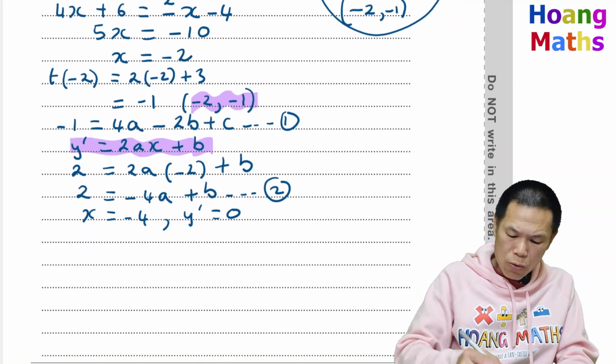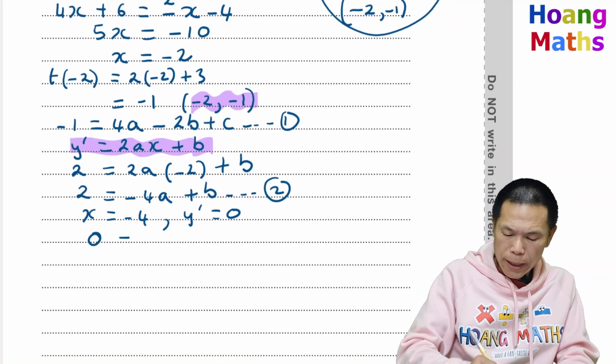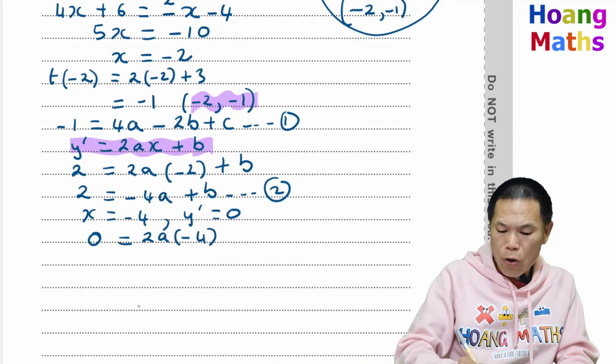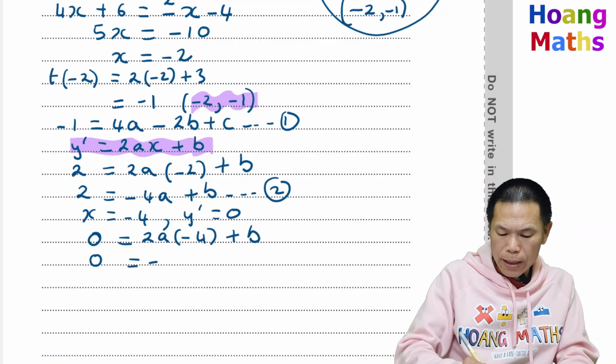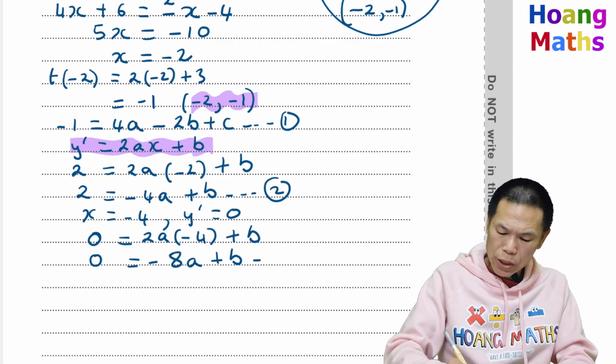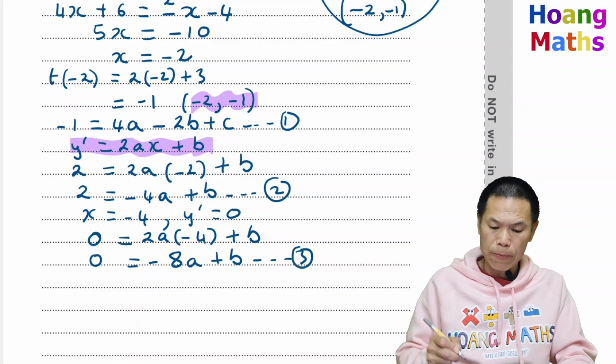So that means 0 is 2a lots of negative 4 plus b. And then 0 is negative 8a plus b. So now we have equation number 3.